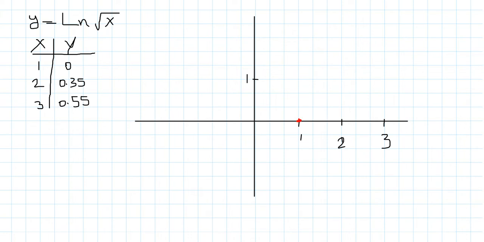X is 1, y is 0. X is 2, y is 0.35. It is this point, 0.35. If x is 3, y is 0.55. Now easily I can draw it. It is the graph.